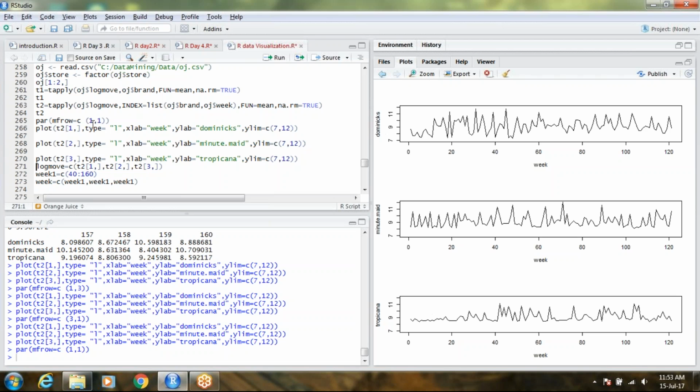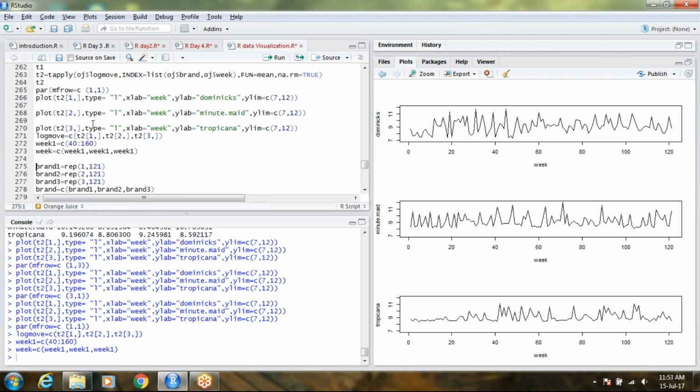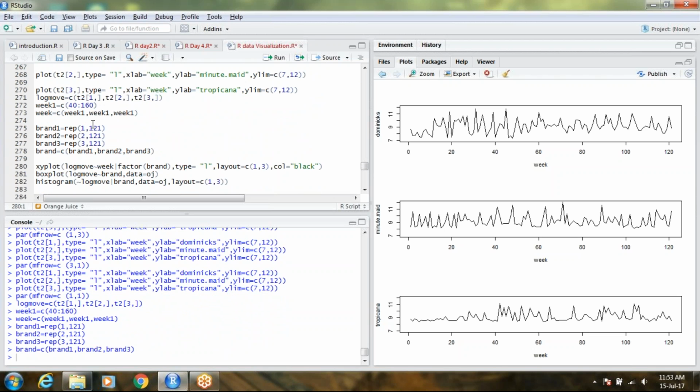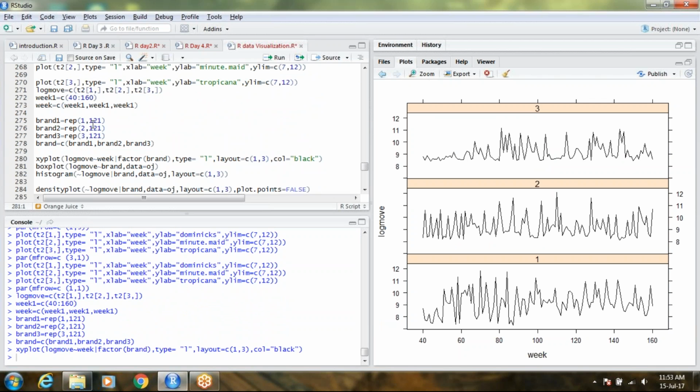Let me make a formula here for log move and week. Let me make an XY plot. As you can see here, log move across the different brands that we have.